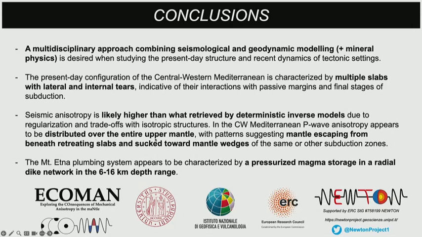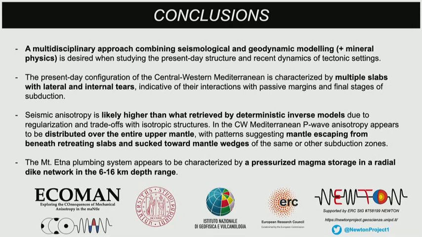Seismic anisotropy is likely higher than what is retrieved by deterministic inverse models. This is because in the test I showed you before, when you use these deterministic inverse models, there is smoothing and damping. What you retrieve is always a smoothed version of the reality. Okay, so lots of times, or years ago, I was criticized sometimes because seismologists were telling me, "Oh, the anisotropy that you are modeling is higher than what we observe."